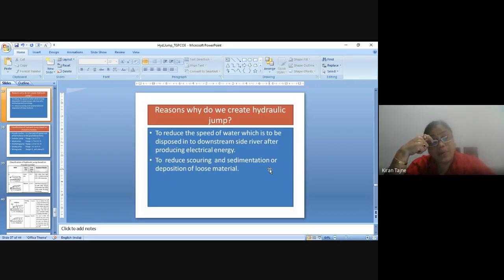In hydropower, we use the kinetic energy of water to produce electrical energy.